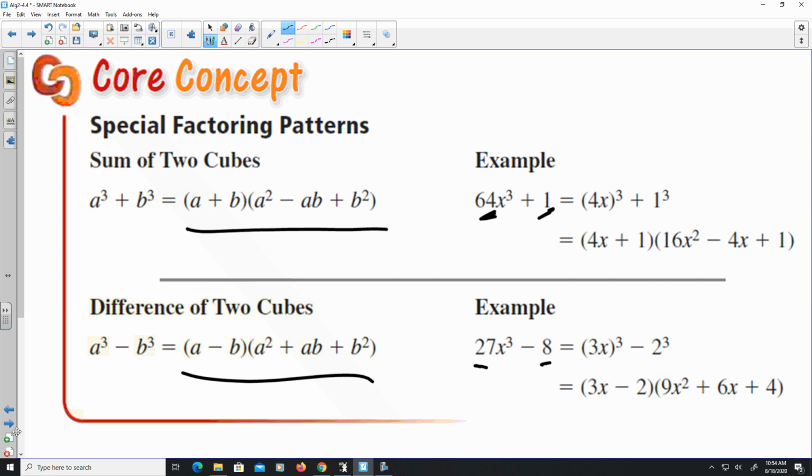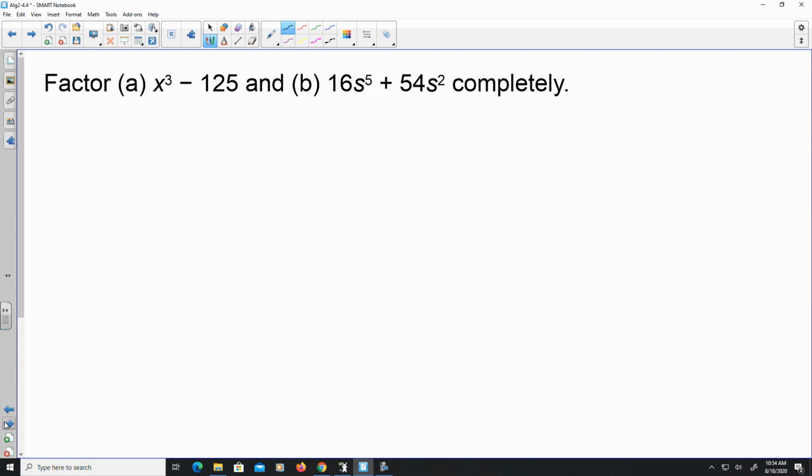So let's take a look at some examples to see if we can formulate a factored polynomial. In the first scenario, they want us to factor x cubed minus 125. The first thing you have to ask yourself, especially since we just identified the sum of two cubes and the difference of two cubes, is: is x cubed a perfect cube?